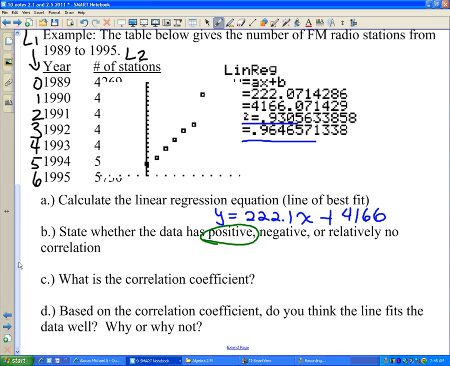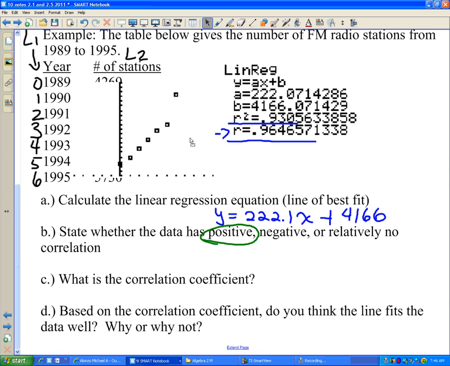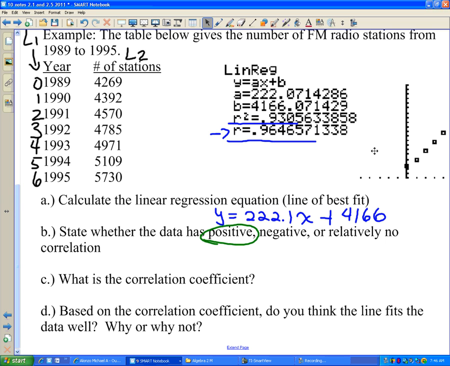What is the correlation coefficient? Well, as I stated earlier, my correlation coefficient, R, is equal to 0.964657... Based on the correlation coefficient, do you think the line fits the data well? 1 would mean it fit perfectly. 0 would mean it doesn't fit at all.